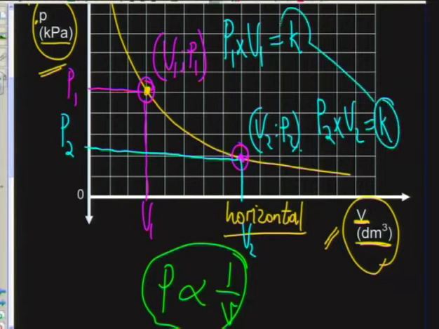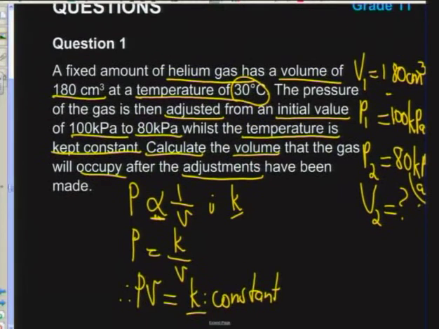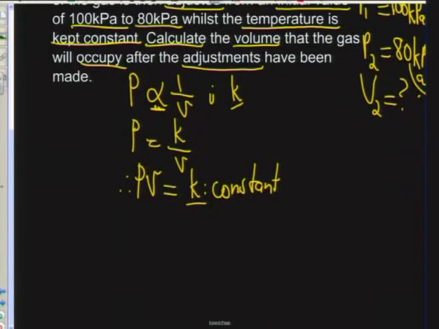Because k is the same at both points, we can say that the pressure at the first point times the volume at the first point will be equal to the pressure at the second point times the volume at the second point.